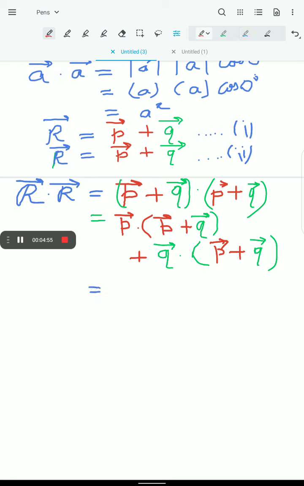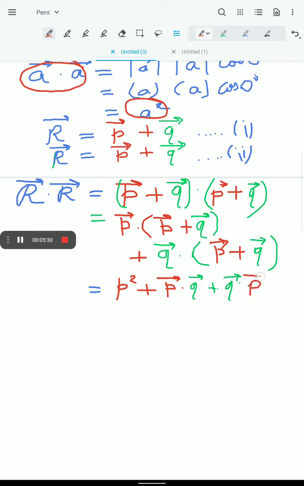That's equal to P dot P. If you distribute it once again, you will have P dot P, and as we have shown, A dot A equal to A square, so P dot P must be equal to P square, plus P dot Q, plus Q dot P, plus Q dot Q. Q dot Q is Q square.